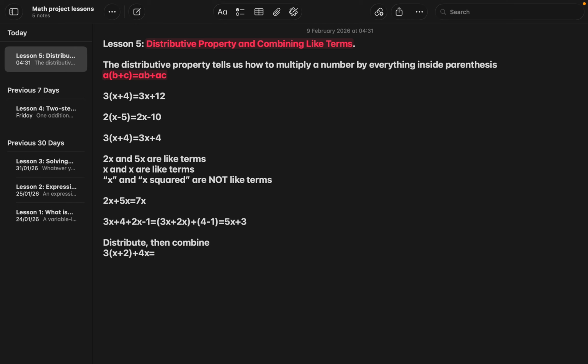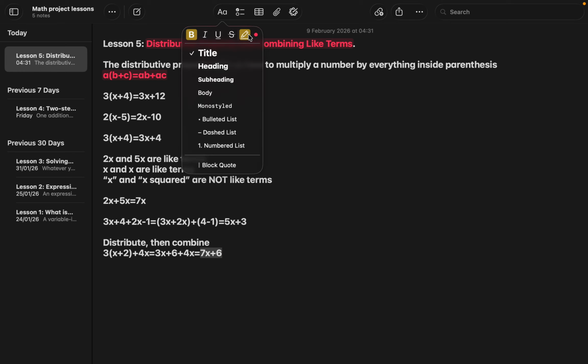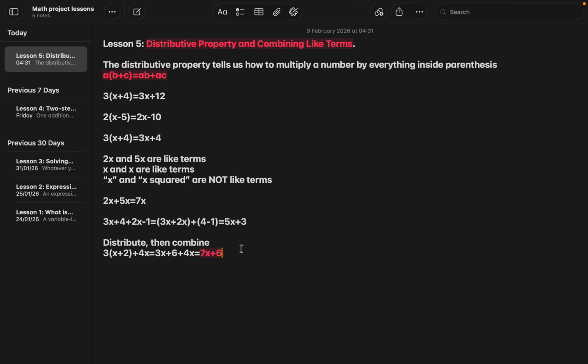Our first step is to distribute. So here we get 3x plus 6 plus 4x. Then our second step is to combine like terms, and here we get 7x plus 6. This is our answer.